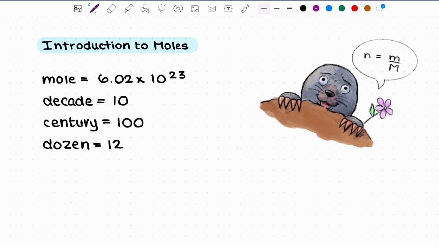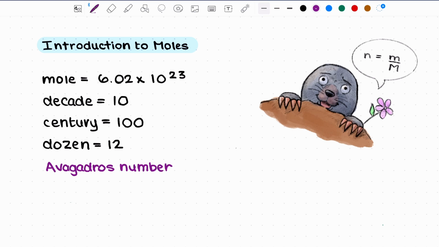Okay, so you might be wondering, where does that number come from? Well, it actually comes from a lad named Avogadro. And he came up with something called Avogadro's number.